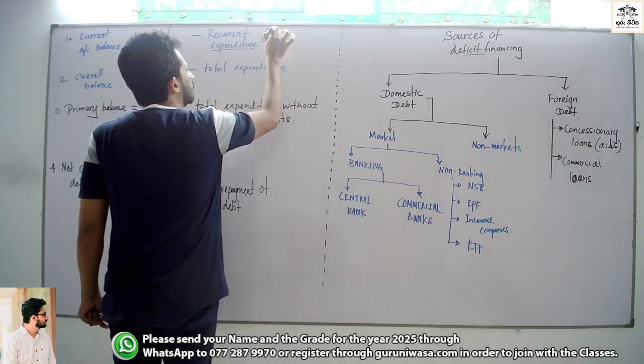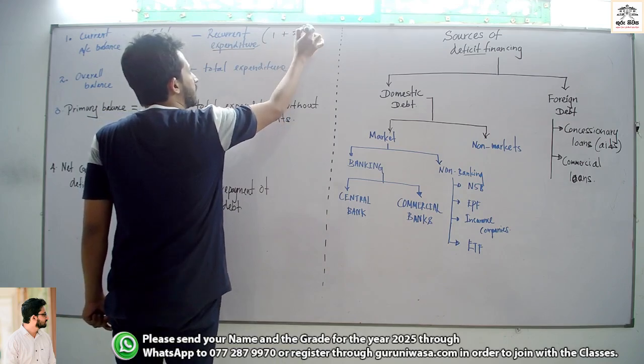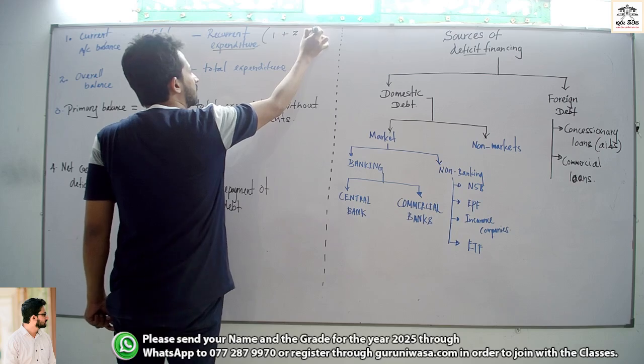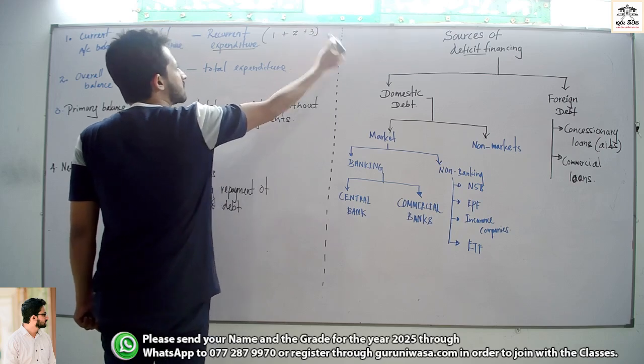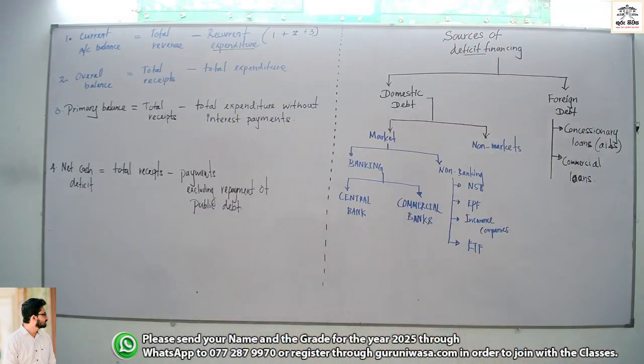First one, expenses on goods and services. Second one, interest payments. Third one, transfers and subsidies.